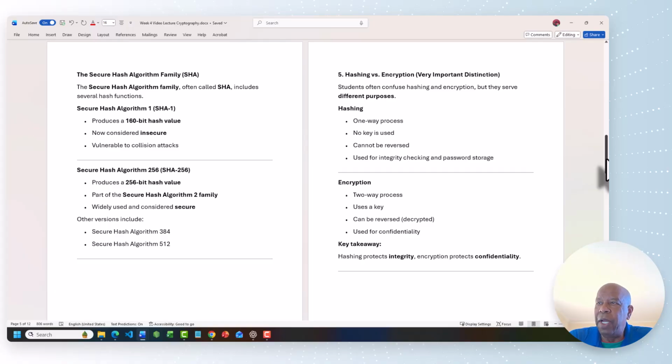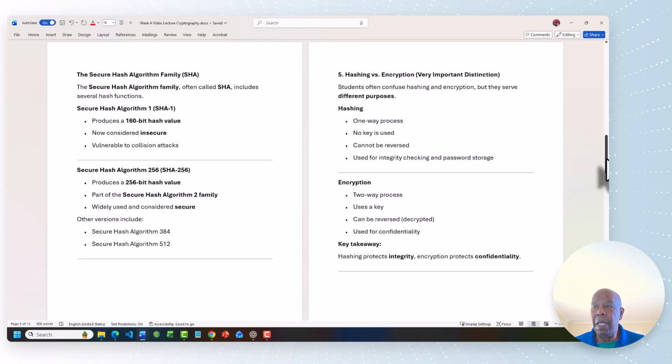Then we have the secure hash algorithm 256. It produces a 256-bit hash value. Now you notice as we go through these families, the size of the hash gets bigger and bigger. As with a key, the bigger it is, the less likely somebody can figure out what is being hashed.